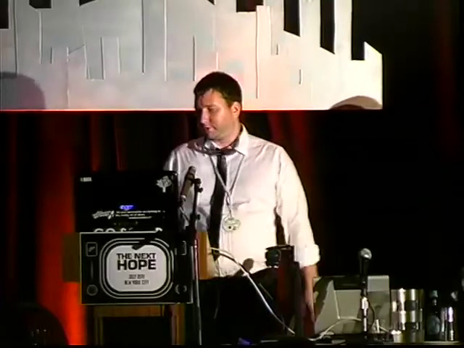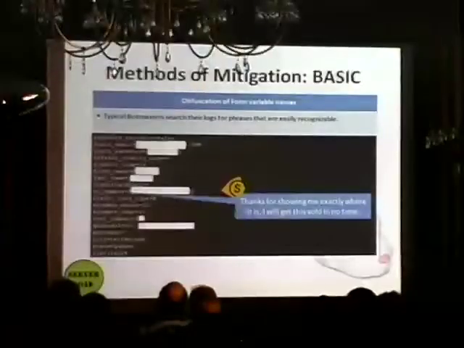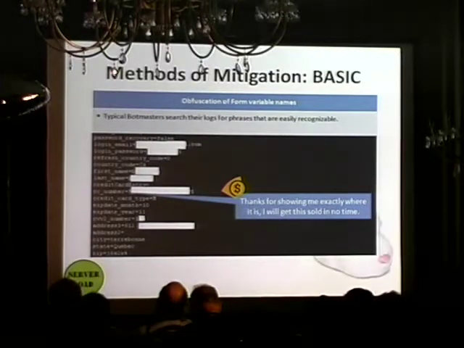Basic methods of mitigation include obfuscation of variable names and extraneous hidden post parameters. As we can see, you don't need to name your variable CC number. They look through this for things like CC, number, everything, as you saw in the report section.